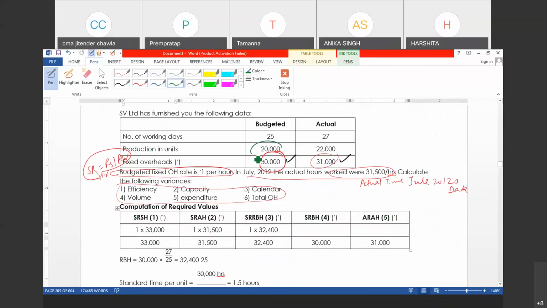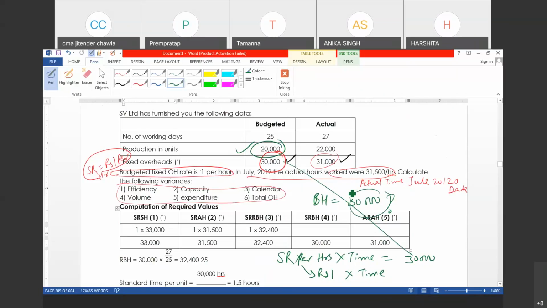Budgeted hours we already calculated, 30,000. How did we calculate? I already told you, standard rate per hour into time is equal to your cost, 30,000. The standard rate is rupees 1. So time also comes out to be 30,000.